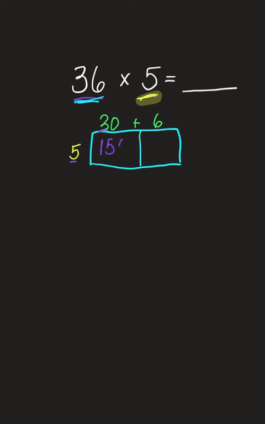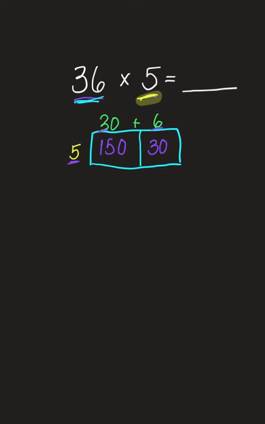And then that 0 I bring down to make 150. It wouldn't make sense to say 5 times 30 is 15. We have to bring that 0 down to make 150. My next step is to multiply the 5 by the 6. And I know 5 times 6 equals 30.